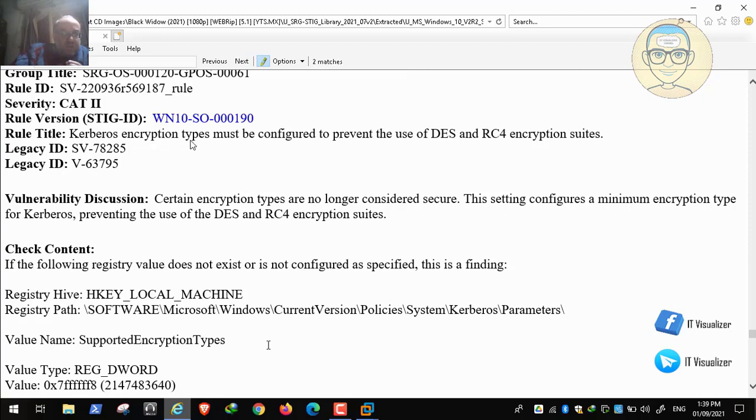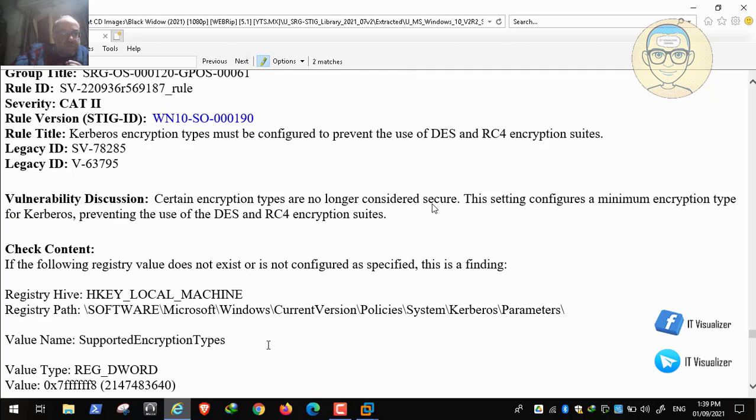So in the authentication process, the data sent to the domain controller to verify that you are a user in the domain, the username and the password, should be encrypted, and the group policy will be set to prevent weak encryption, DES and RC4 encryption suites.